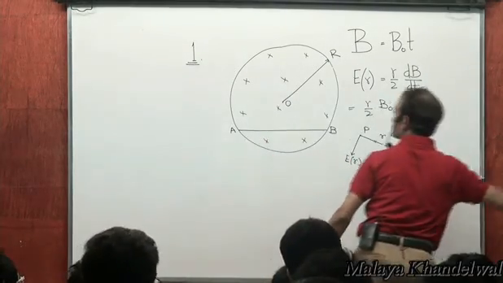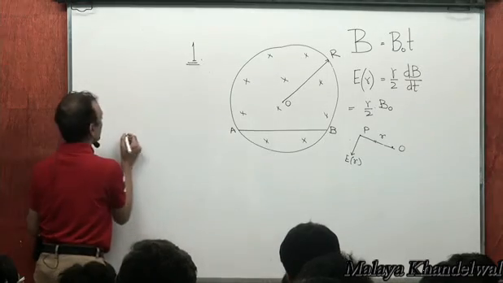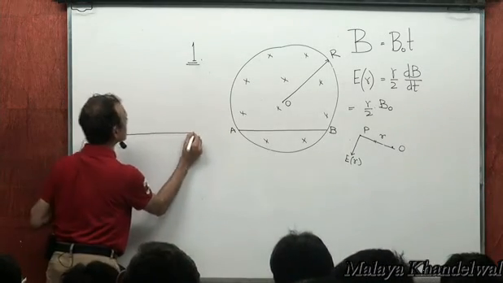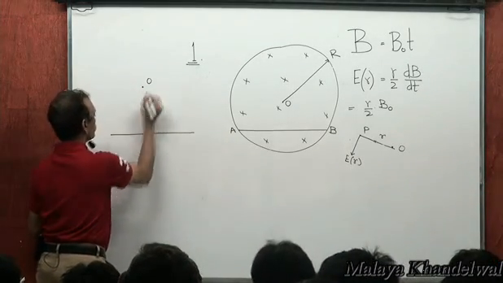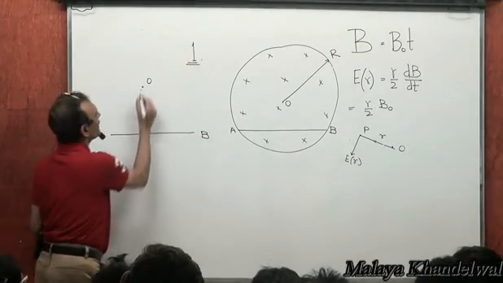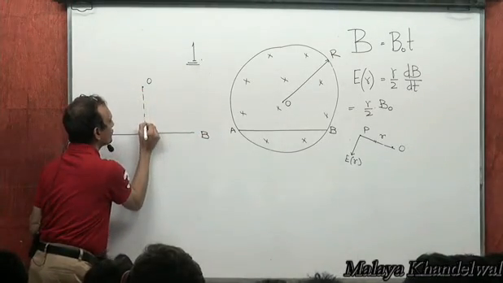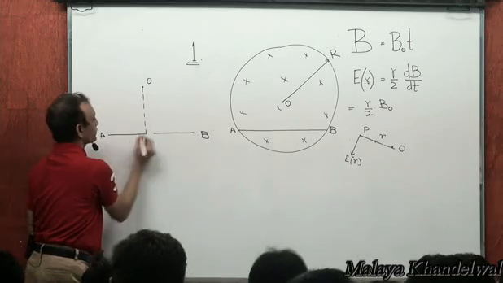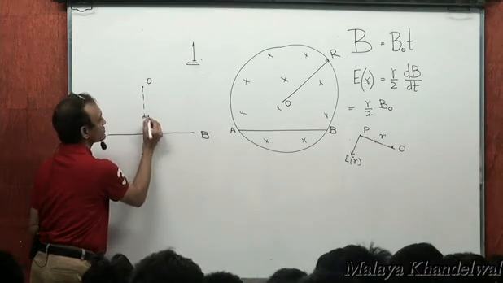So then, to look at things independently, this is the center O, this is the rod AB, and say the distance of the rod from the center O of this region is d.